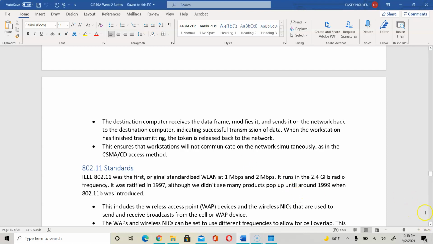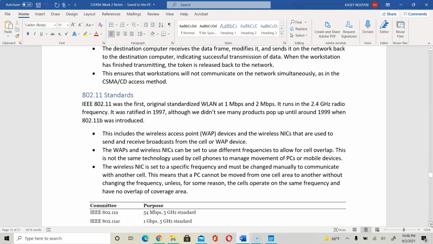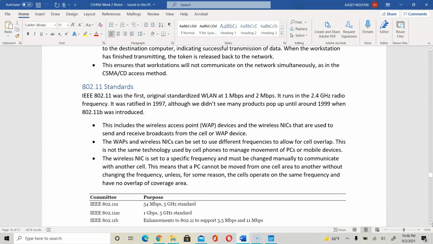So for the 802.11 standards, it originated in the late 1990s, in which wireless LAN was incorporated for organizational use, along with looking at the frequency, which is 2.4 gigahertz radio frequency back then.